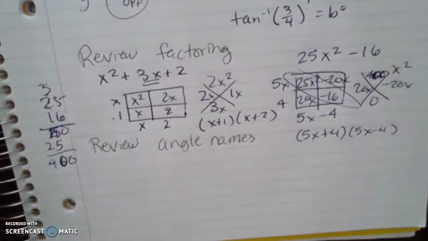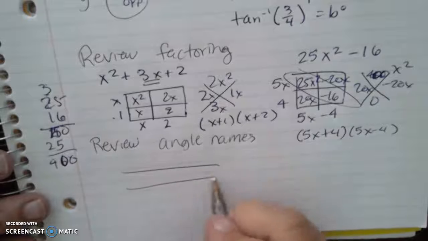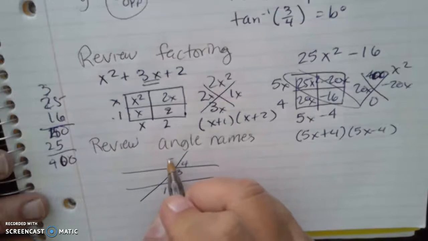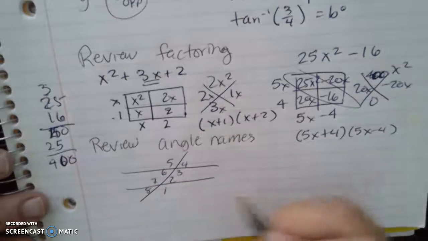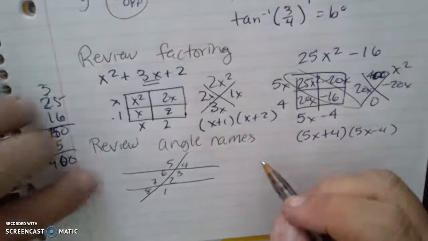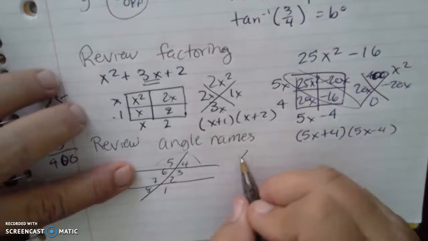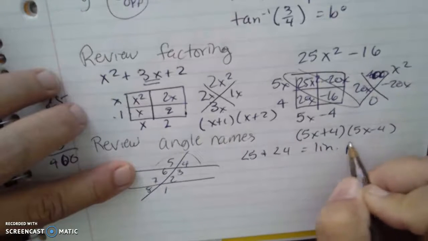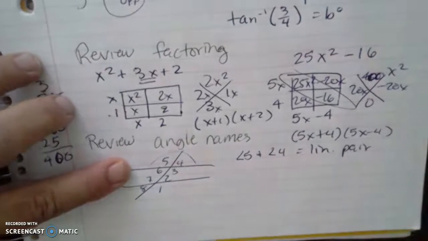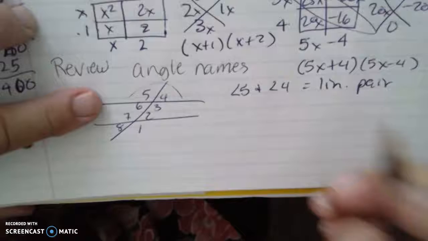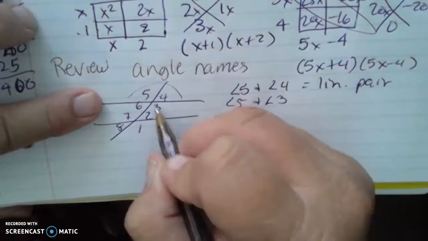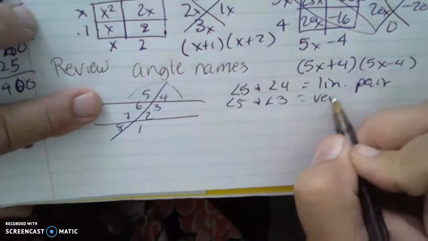All right? And then the other thing is, do you remember all the names of these angles? 5, 6, 7, 8. Okay, so angle 5 and angle 4 is a linear pair because it makes a beautiful rainbow. Angle 5 and angle 3 across from each other, that's vertical angles.